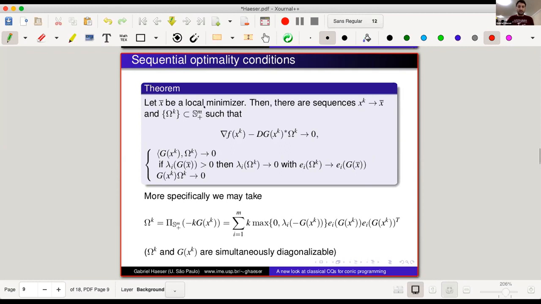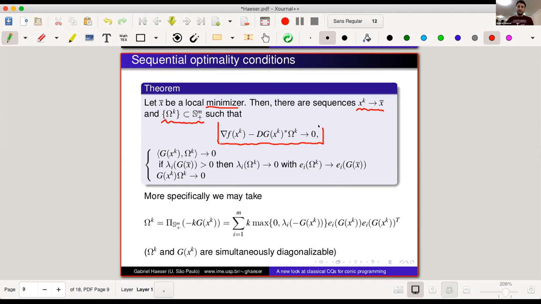You have a local minimizer, and without any constraint qualification, we can show the existence of a sequence xk converging to x bar. So it's a perturbation of the solution, and a sequence of approximate multipliers, positive semidefinite matrices, such that the gradient of the Lagrangian converges to 0 at this sequence. So for this, you don't need any constraint qualification.